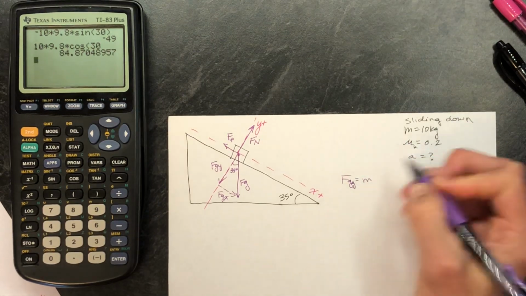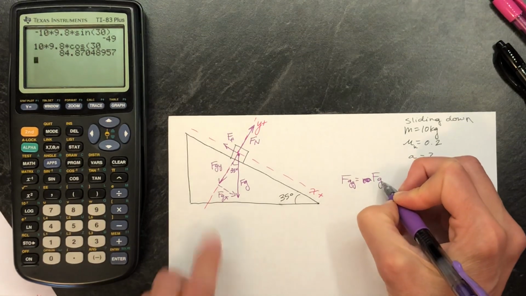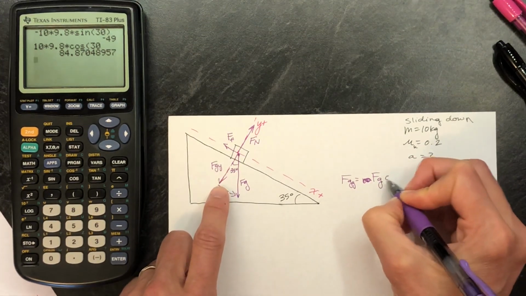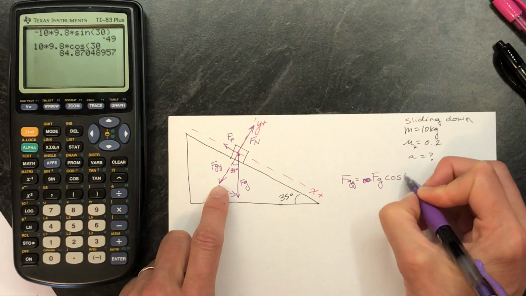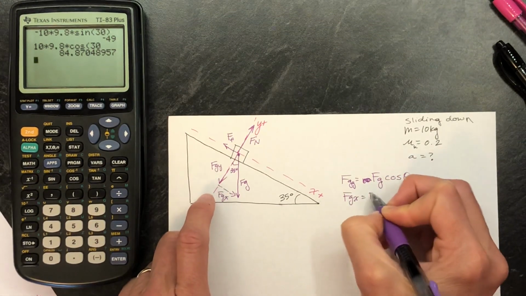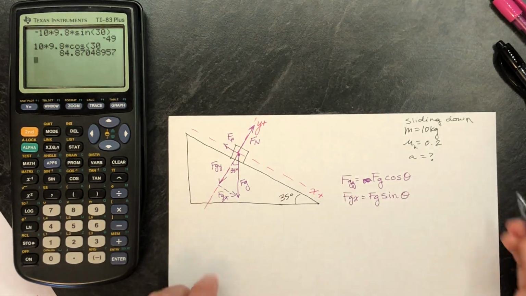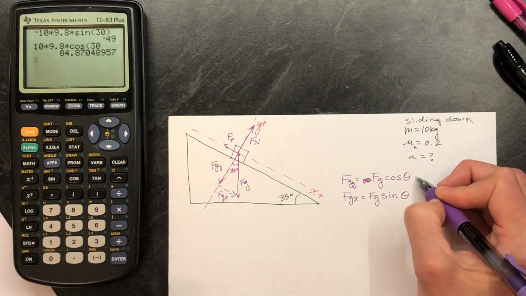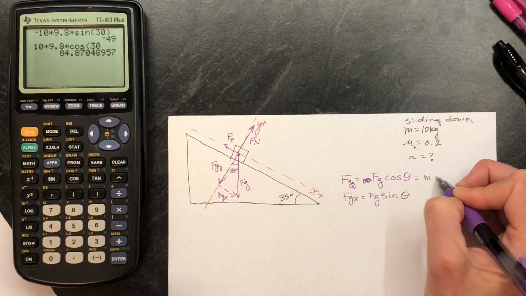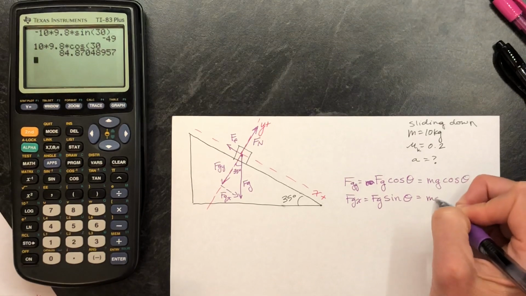Force of gravity in the y direction is equal to the force of gravity times the cosine of theta. Force of gravity in the x direction is equal to force of gravity times the sine of theta. So this is mg cosine theta and mg sine theta.